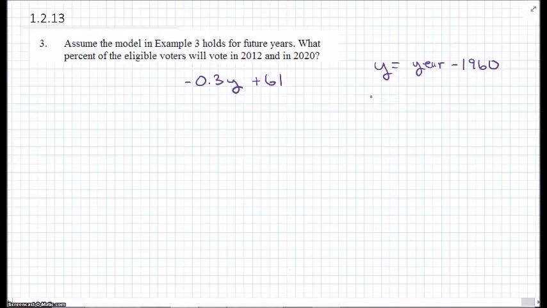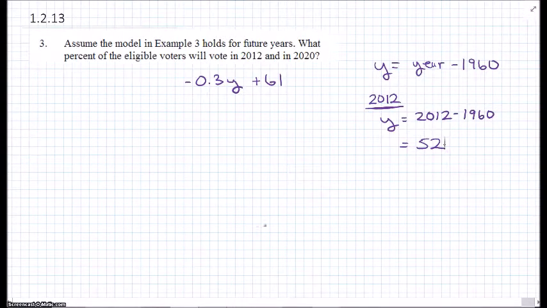So for 2012, y would equal 2012 minus 1960. So y would be 52. So I'd put negative 0.3 times 52 plus 61.